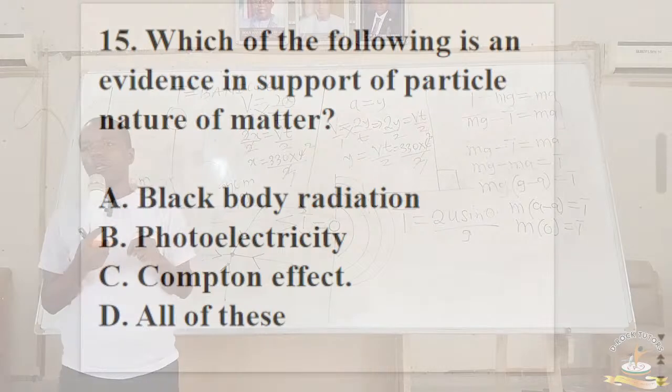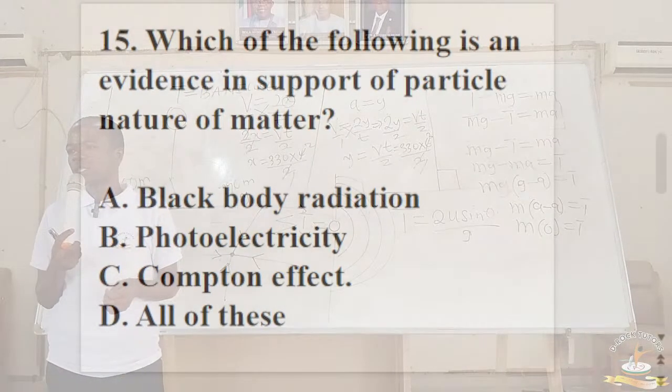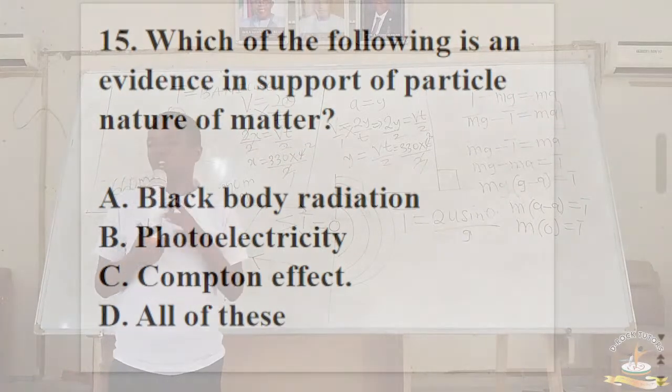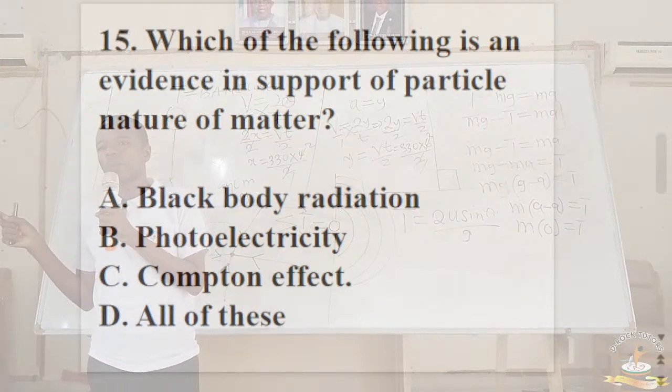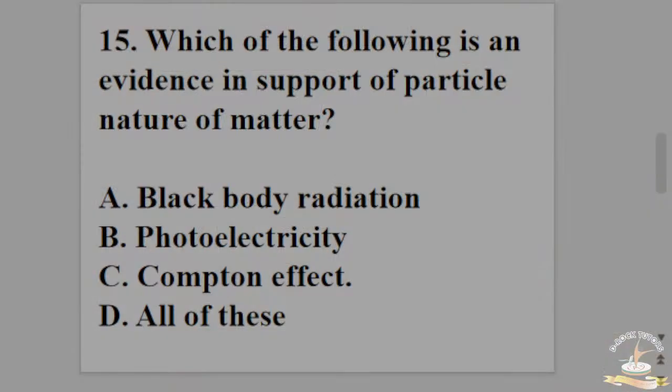Now, the second law of Kirchhoff is the Kirchhoff's law of voltage. It says that the algebraic sum of all the voltages or potential differences in a closed loop is equal to 0.